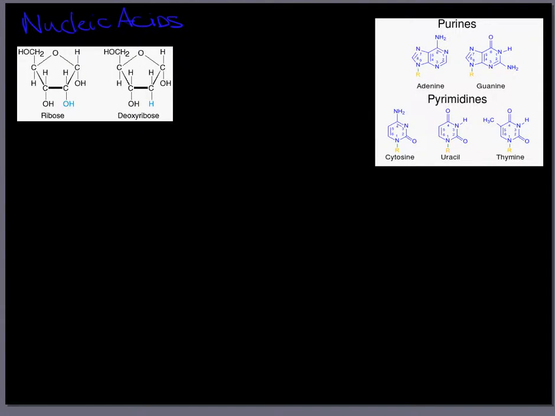And the difference here in terms of molecules: lots of carbon, lots of hydrogen, lots of oxygen, lots of nitrogen. And this time we have a new player called phosphorus. And phosphorus comes into play in something called phosphate. What we have is a phosphate group.